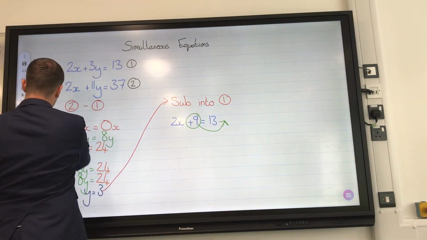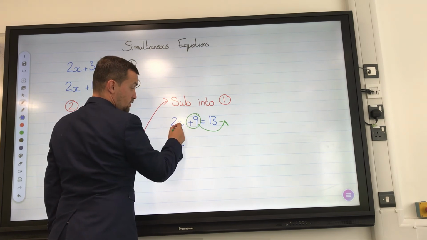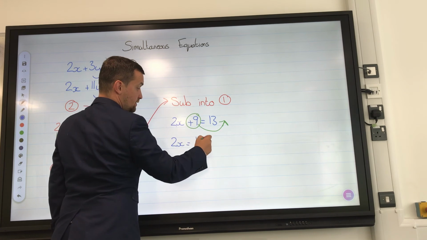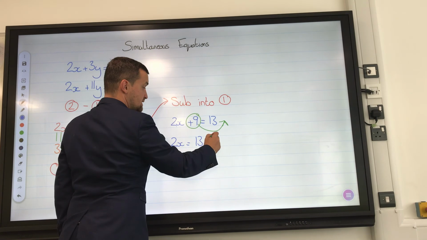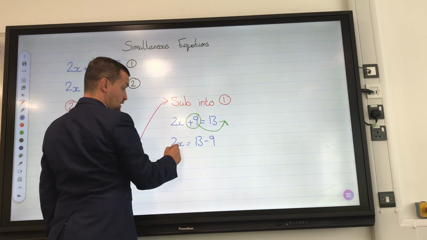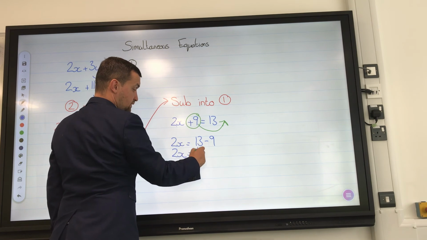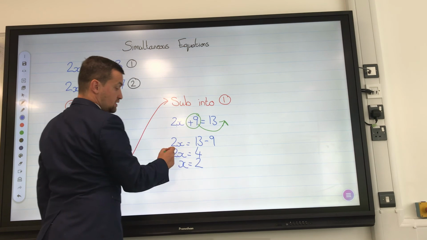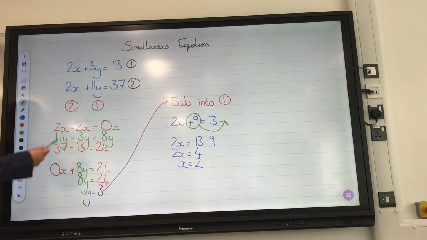So what we end up with is 2x, 2x hasn't moved, our equal sign hasn't moved, and 13 hasn't moved. If it starts as a plus on one side, it has to be a negative on the other side, so it's 13 minus 9. 13 minus 9 is 4, so we've got 2x equals 4, and x then equals 2, because 2 times 2 is 4.